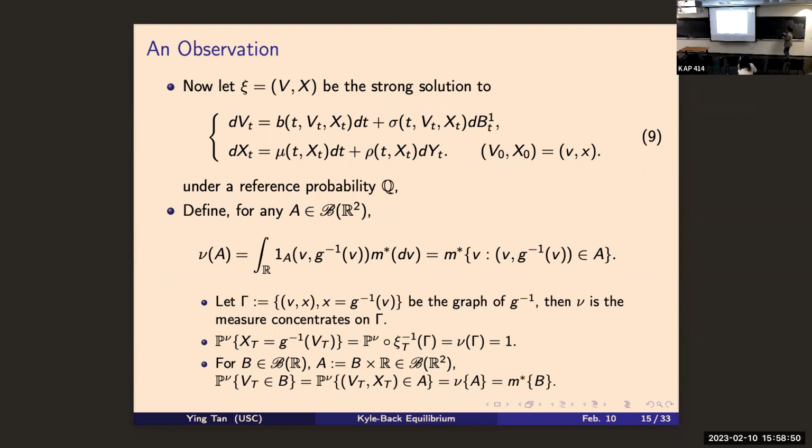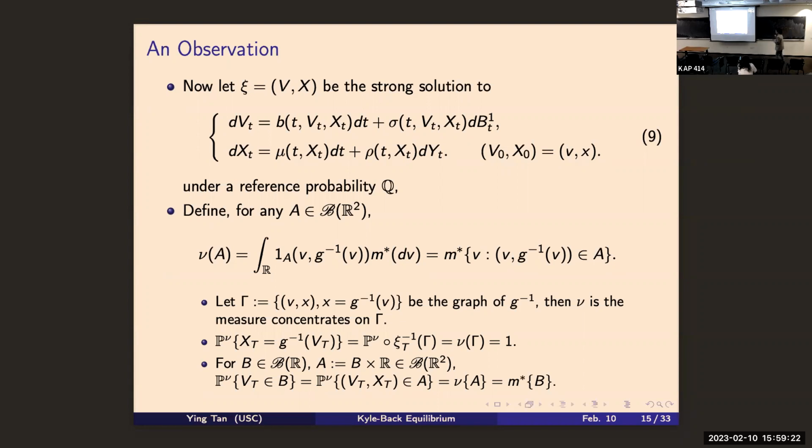So now we want to construct a distribution on this R2 such that the nu only concentrates on the graph. If the nu only concentrates on the graph, then the resulting P nu will have the property that the probability that V capital T equals G of X capital T is 1. That's the idea. So this is the main idea.